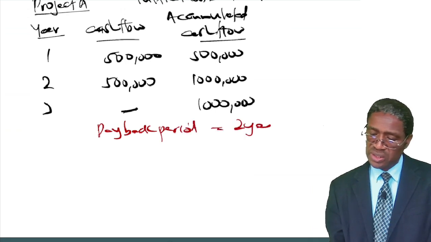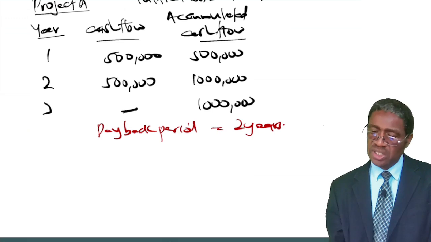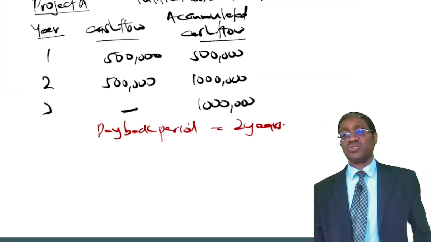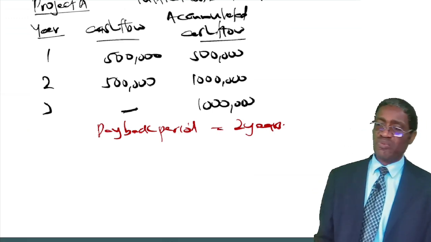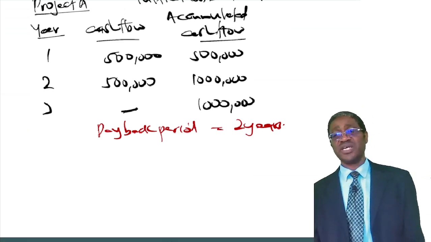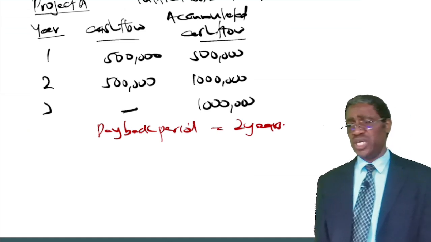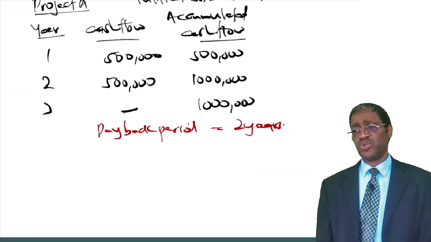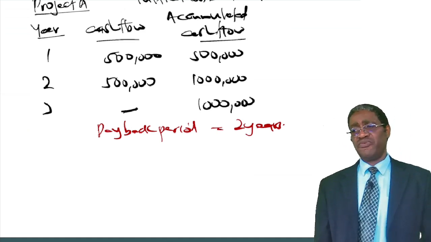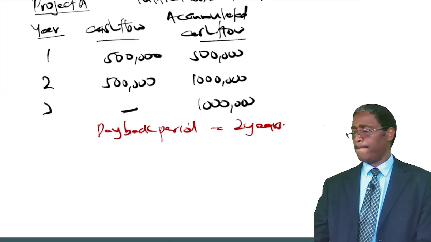It's exactly 2 years, because we are recovering it exactly by the end of year 2, not affecting year 3. That is not a problem. That's for project A. Finished, we go to project B now.